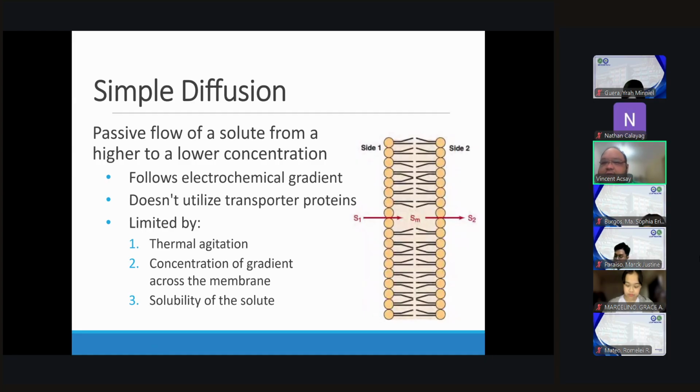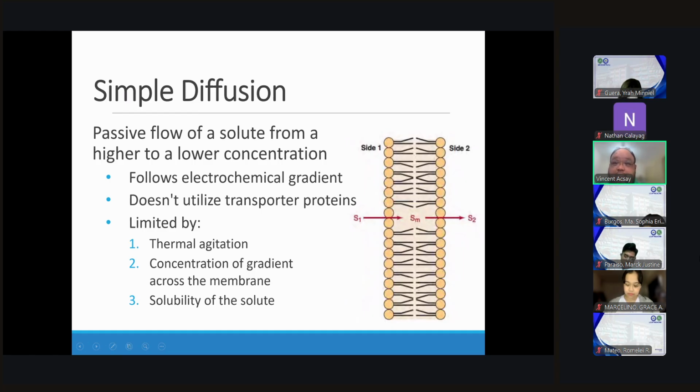Why this in particular? For temperature or thermal agitation, because the membrane is dynamic, the application of heat loosens the hydrophobic tails, making them more mobile, more able to move around, and decreasing these strict rigid areas where solutes can diffuse through.